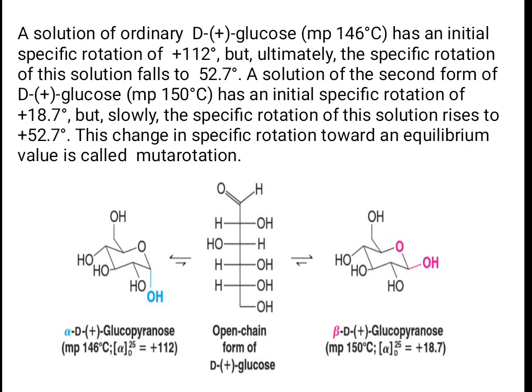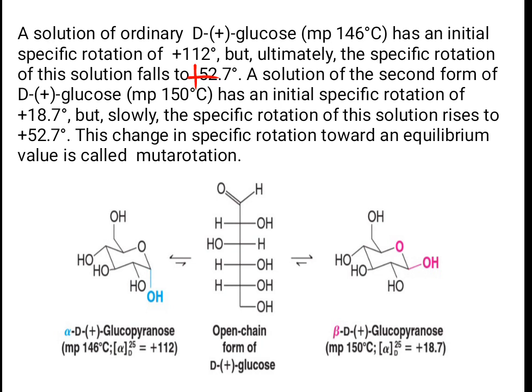A solution of ordinary D-glucose, which has the melting point 146 degrees centigrade, has an initial specific rotation of +112 degrees, but ultimately the specific rotation of this solution falls to +52.7 degrees. This also must be a plus. You cannot indicate a specific rotation by only the value.